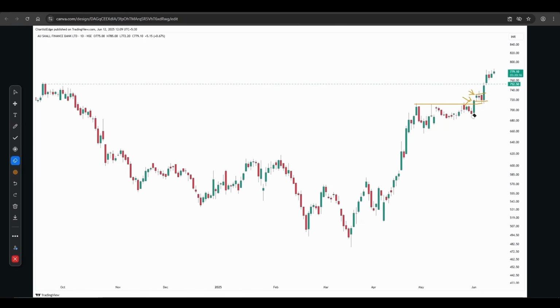When this contraction was happening, you can see that the price took support from the breakout levels. This tells us that the buyers that were active here are also active here, because if the buying pressure was weak, then it would normally have gone inside the structure, but it took support from the very breakout level it broke out of in the previous candle.